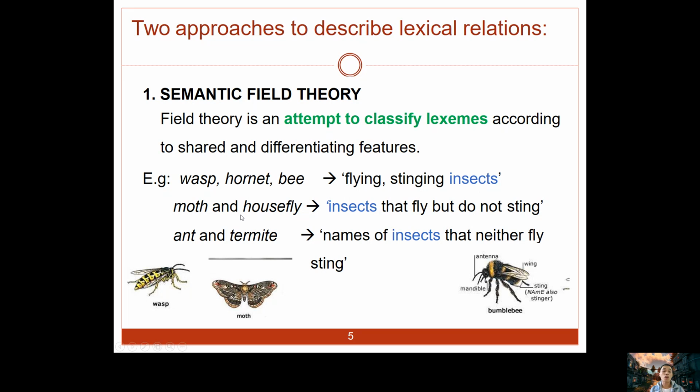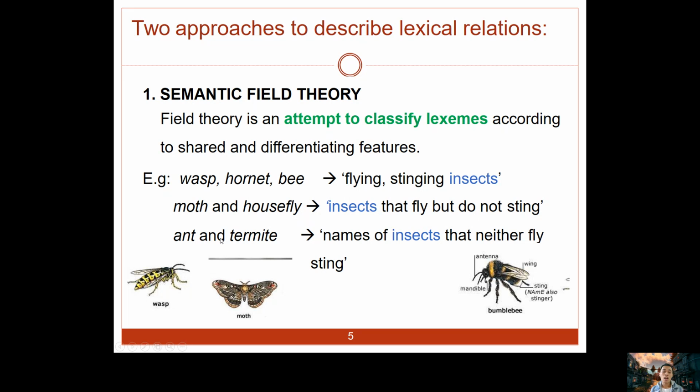How about moth and housefly? A housefly is an animal found in our house when we eat or where there is the smell of food. Both of them are insects that fly but do not sting.